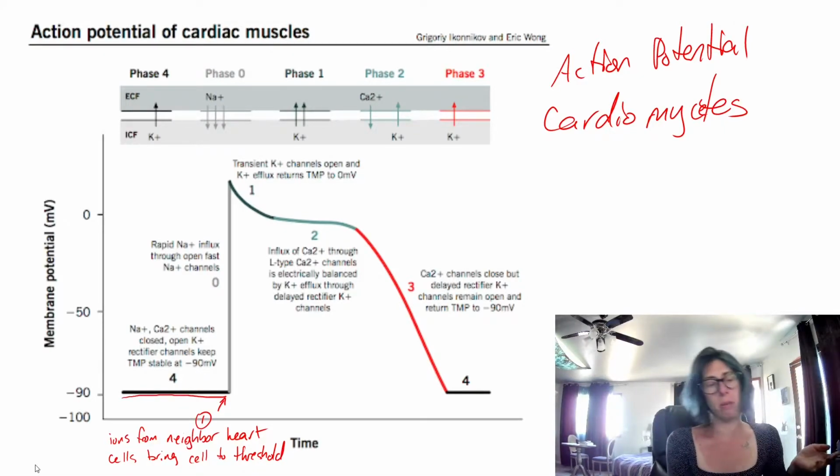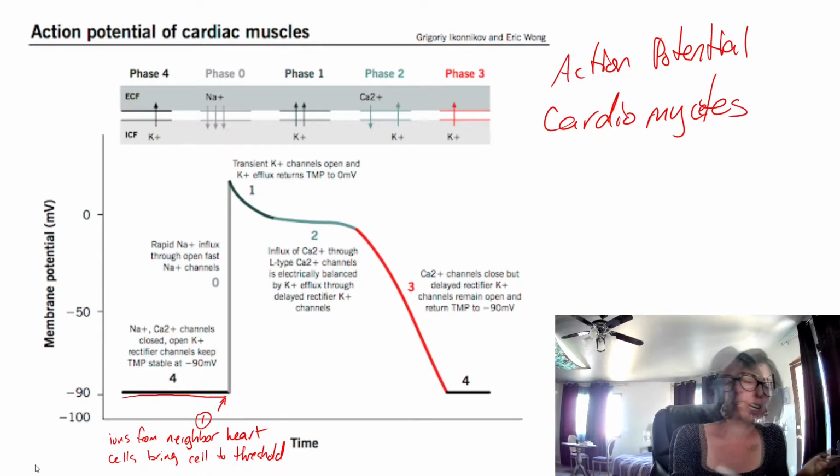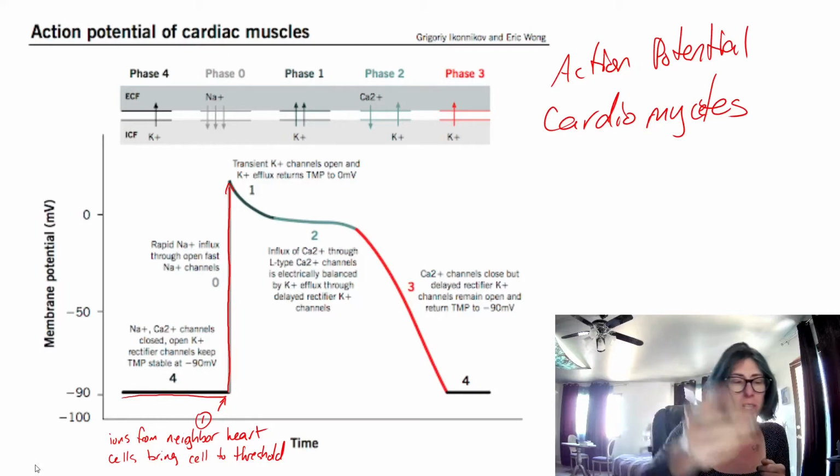So maybe the neighboring cell is a pacemaker cell, maybe it's another cardiomyocyte. So you get this influx of ions from the neighboring cell, and that causes fast sodium channels to open, and you get this really fast spike for the action potential.